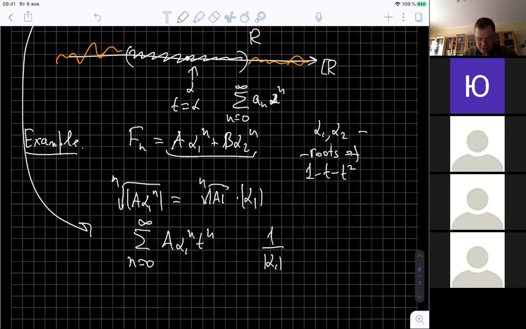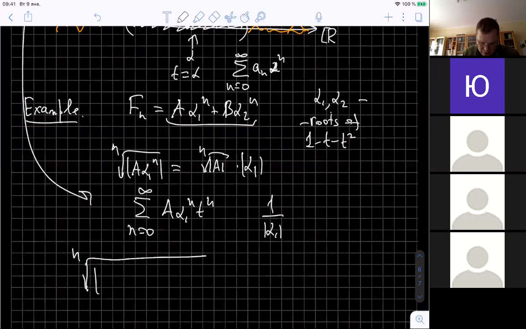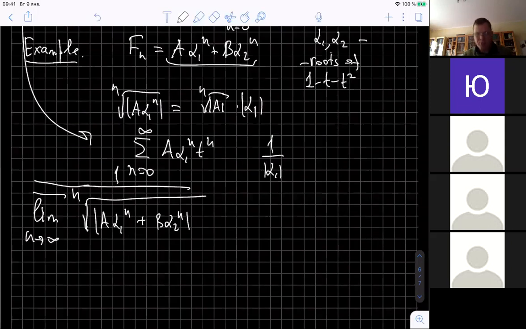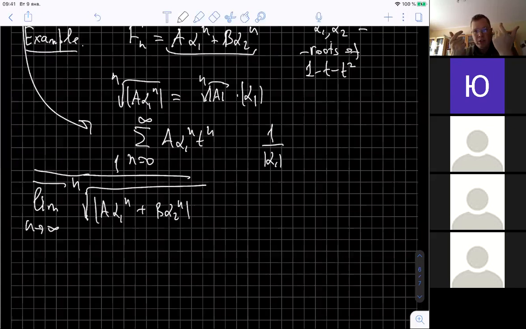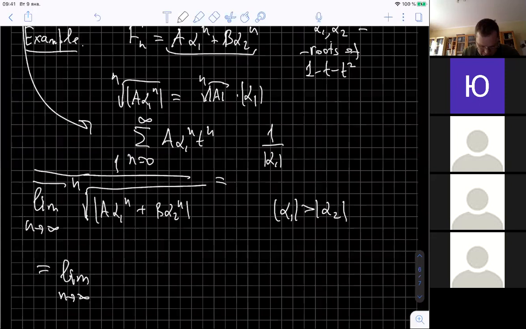And if you take this sum, so if I need to calculate this, then it is not hard to prove that we look at alpha 1, alpha 2, and find which has the maximal modulus. So if modulus of alpha 1 is greater than modulus of alpha 2, then we can divide everything by alpha 1.